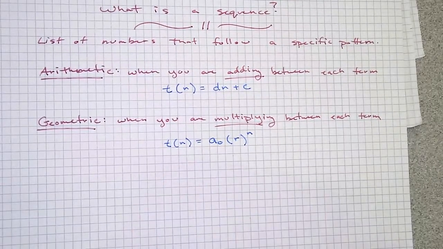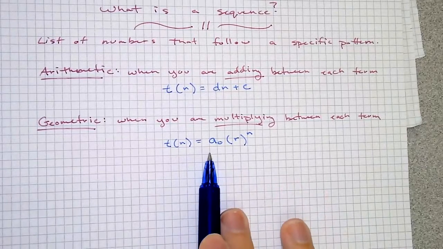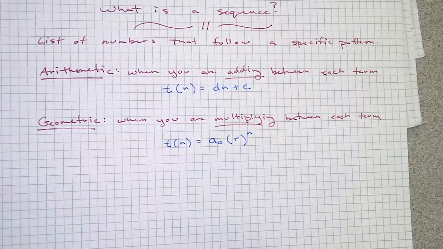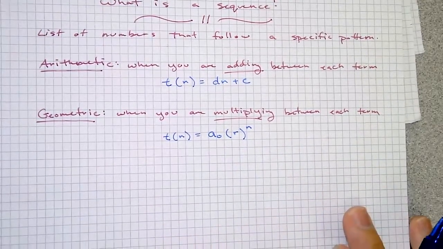And the equation for a geometric sequence is T of n equals a sub 0 times r raised to the nth power. Again, we'll talk about that more in a bit.